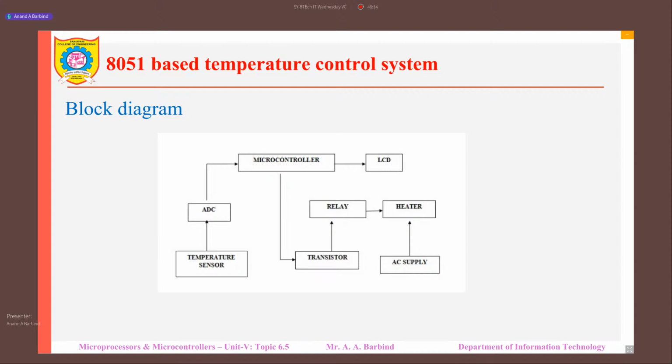For example, the microcontroller will ask the ADC to select the channel on which the temperature sensor is connected. After it is selected, it gives the command to the ADC to convert the selected channel's analog input to digital.